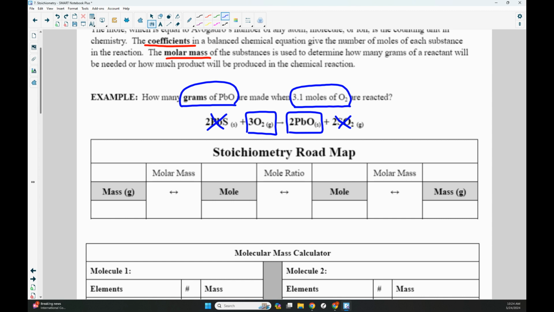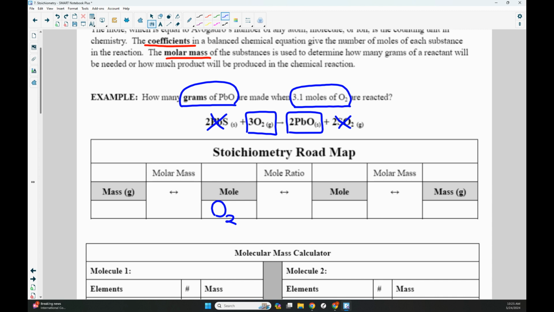So let me introduce you to something we're going to be using for the rest of the unit now, which is a stoichiometry roadmap. And this just helps us take a forest view of what we're trying to accomplish here and map out exactly what we're going to do. So in this case, we're trying to go from moles of oxygen. I always work from left to right on this. And we're trying to convert to grams of lead oxide.